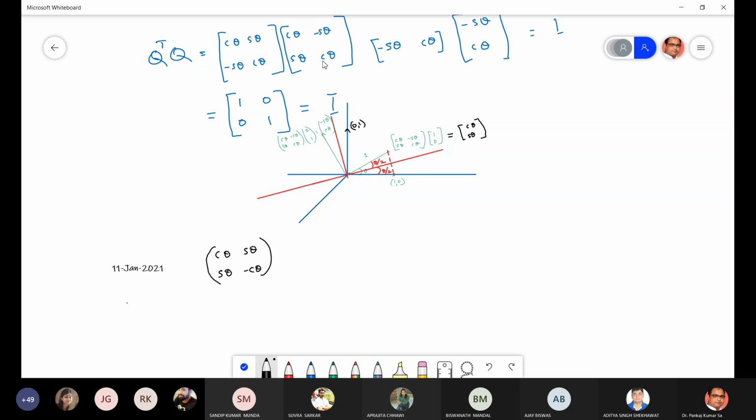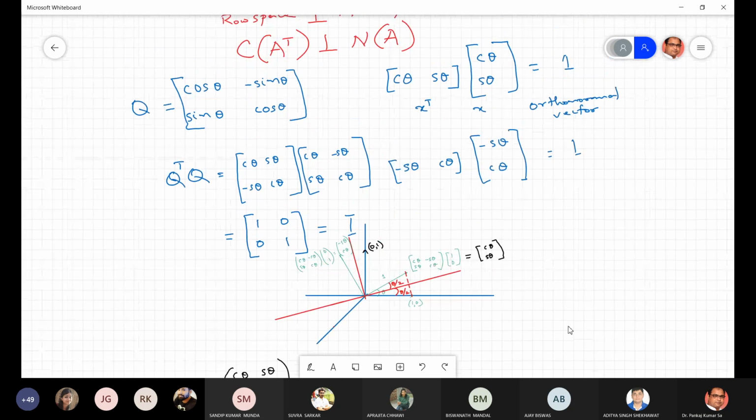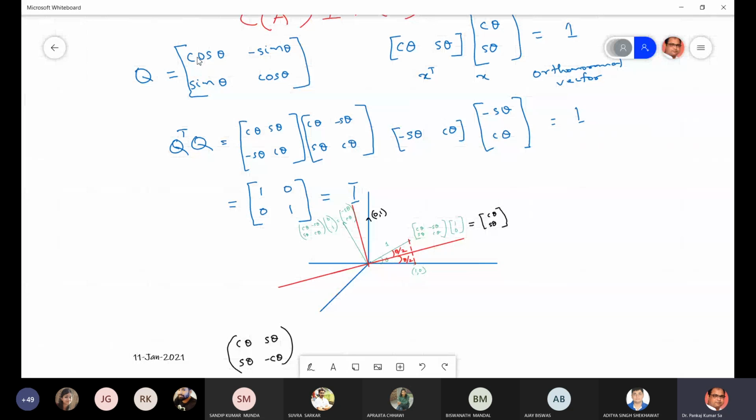Cos theta, minus sin theta, sin theta, cos theta. This is what the original rotation matrix is. Now I have just switched the minus sign. In place of writing minus sin theta, I have written minus cos theta.